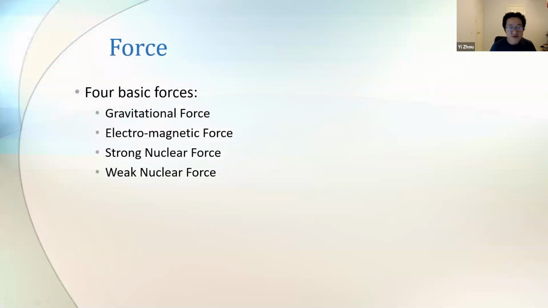Gravitational force was basically found by Isaac Newton, right? It's a universal force between anything and another thing. As long as they have mass, they will have an attractive force called gravitational force.